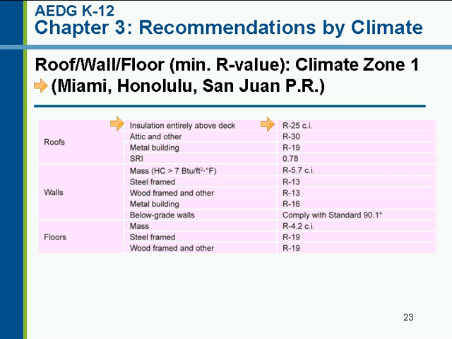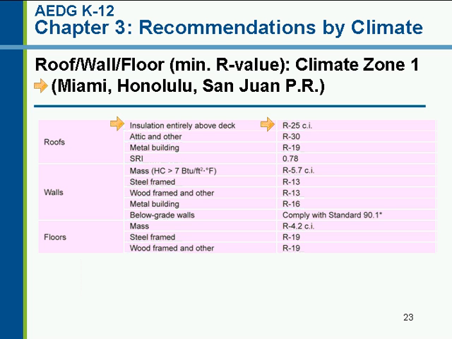This is usually rigid insulation, often about R5 per inch, so this would be about 5 inches of rigid insulation. Also be aware, if you're tapering the insulation, this is the minimum R value, the R25. For attic insulation, it's R30. This is typically blown-in insulation, fiberglass.